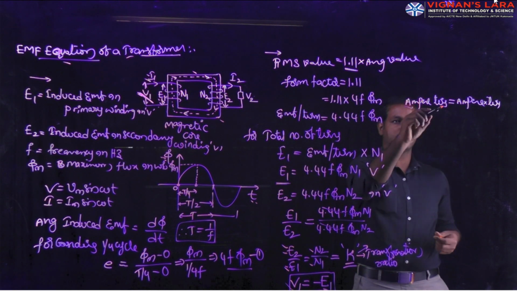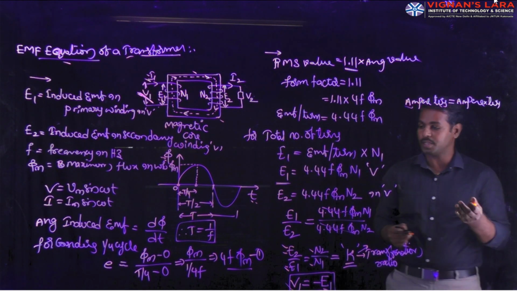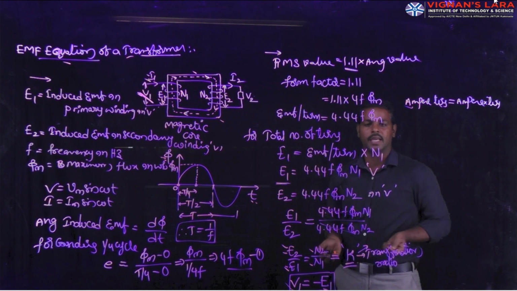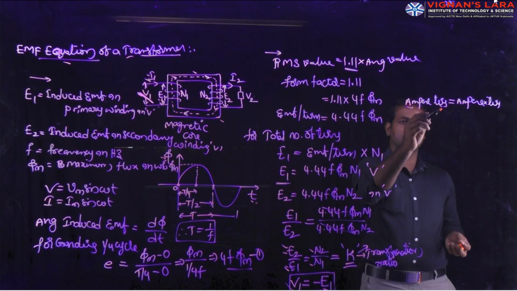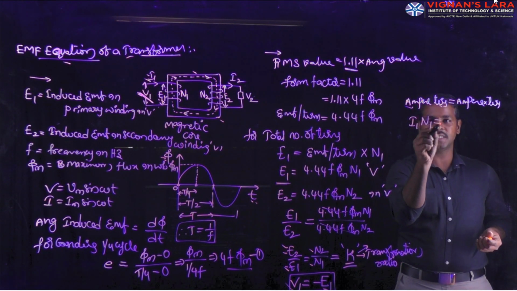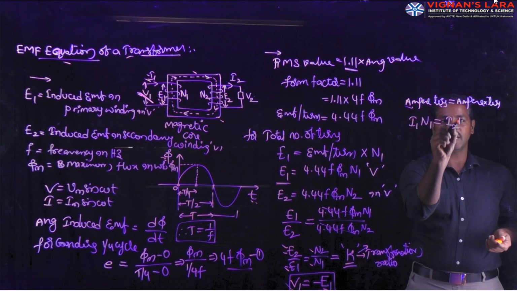Ampere means current, turns means number of turns, because when you increase the number of turns, the voltage also increases. So I1 N1 must be equal to I2 N2.